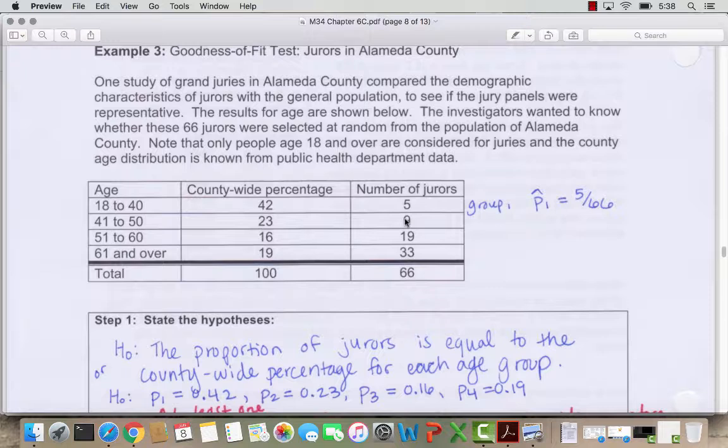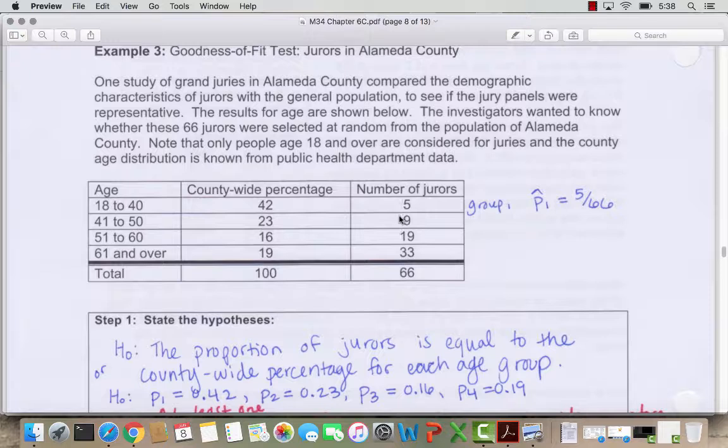So note that we started at age 18 because only people age 18 and over are considered for jury duty, right? So here is the ages broken into categories, and then here's the percentage of those categories that live in Alameda County. Over here's the number of jurors from a pool of 66 jurors selected at random, supposedly.